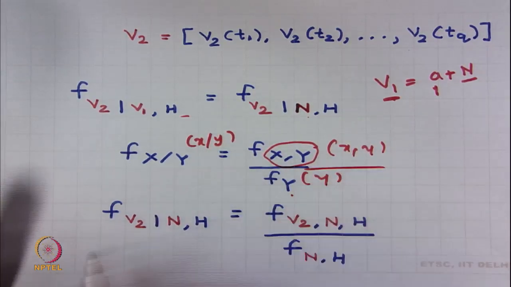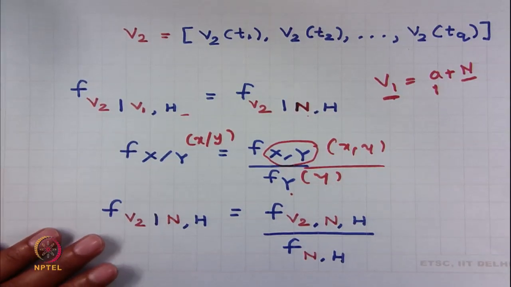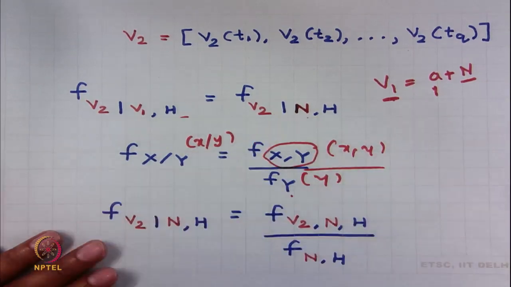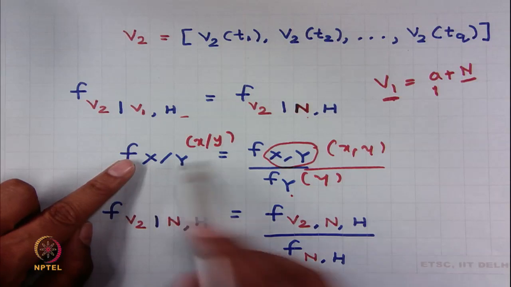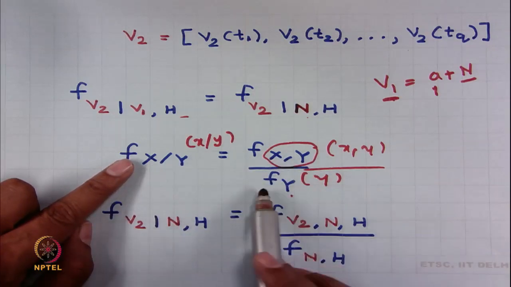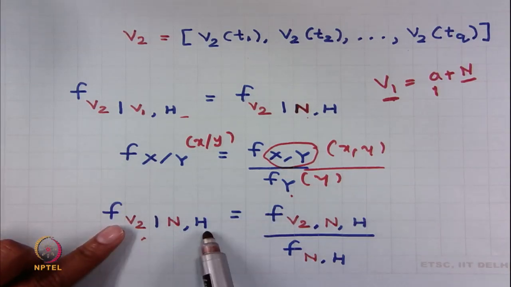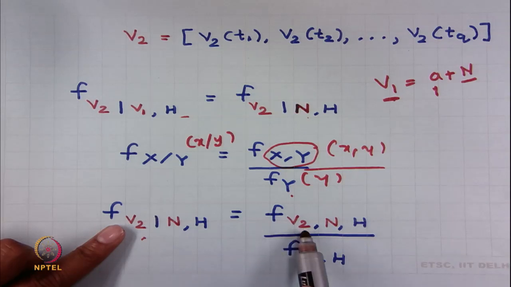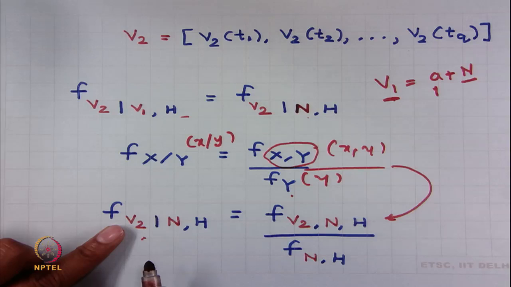I am losing out on the arguments just to keep things concise, but you know how you have to fill in this. So, the conditional PDF of x given y is the joint PDF of x and y divided by the PDF of y, and thus the conditional PDF of V2 given n and h is the joint PDF of V2, n and h divided by the joint PDF of n and h. Using this property, we can get to this.